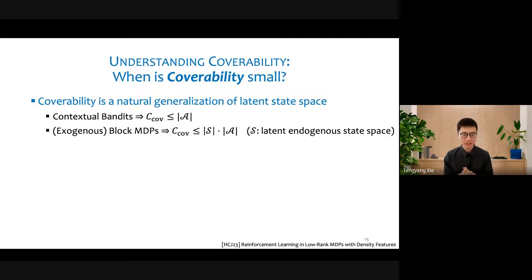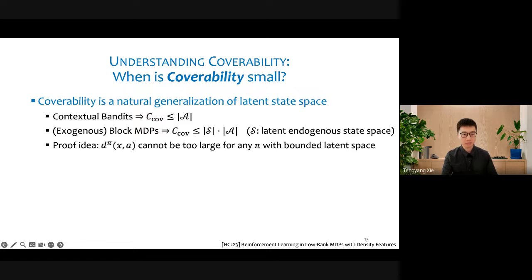In this case, neither the Bellman eluder dimension nor the bilinear rank can capture this instance, but the C cover is also bounded by the number of latent states times actions.